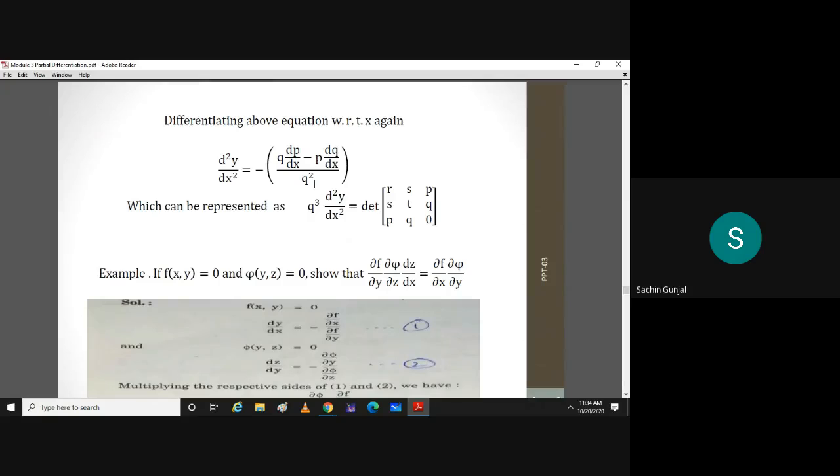Then you do Q square. Keep this calculation aside, and then you do this calculation. You find the determinant of this whole thing. These two expressions will be the same. Are you getting it?